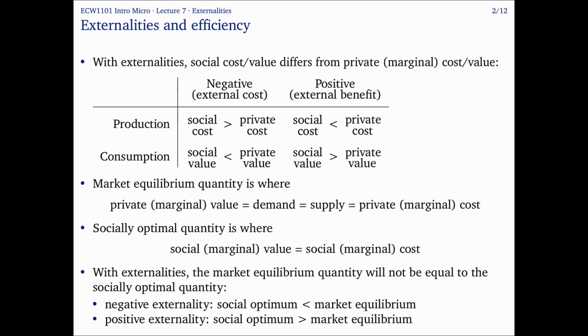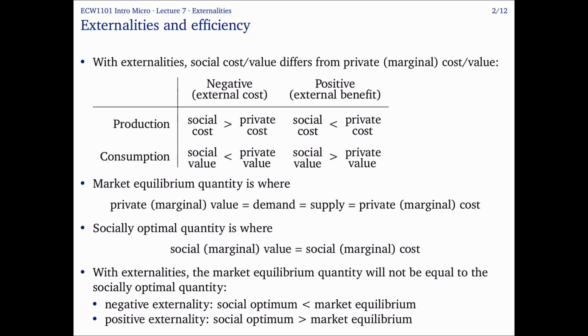The social cost is lower than the private cost. So private individuals engaging in this activity that generates a positive externality incur a private cost, but society gets some kind of benefit, so the social cost is actually lower than the private cost. The external benefit offsets some of the private costs, right? And so on with consumption: in negative consumption externalities, the external cost lowers the social value relative to the private value, and so on and so forth, okay?